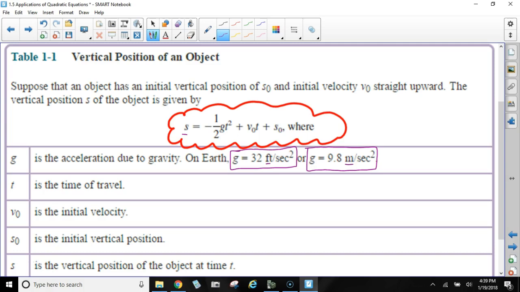So -1/2 g t squared plus v naught, v sub 0, the initial velocity, times t plus s naught. S naught is called the initial vertical position, but I like to call it the initial height, where s is the vertical position or the height of the object at time t.